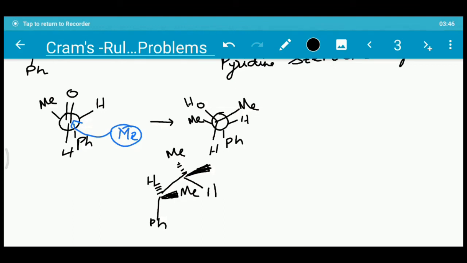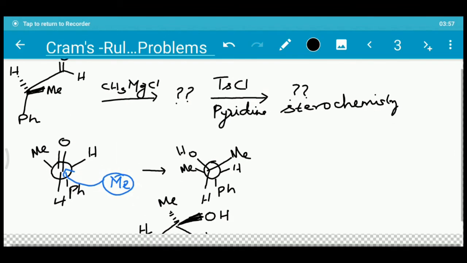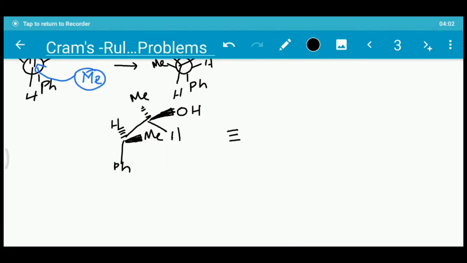Now, this structure, this is my OH. This structure can be slightly modified to perform the second reaction, where I have to treat it with tosyl chloride followed by treatment with pyridine. So when I treat it with tosyl chloride, my molecule becomes like this. After the treatment with tosyl chloride, this is going to be my structure.